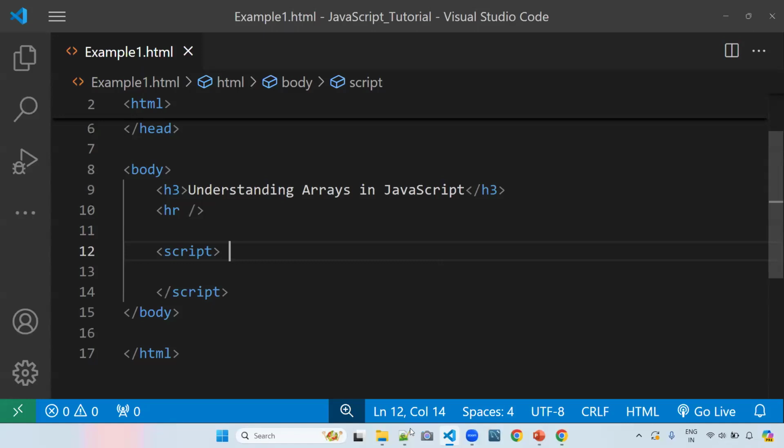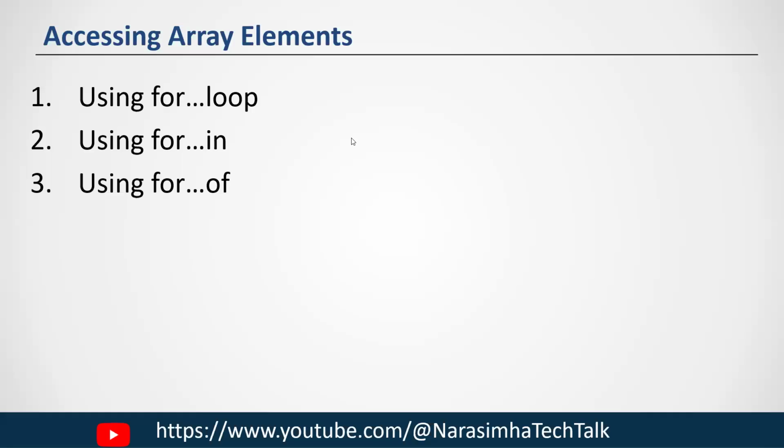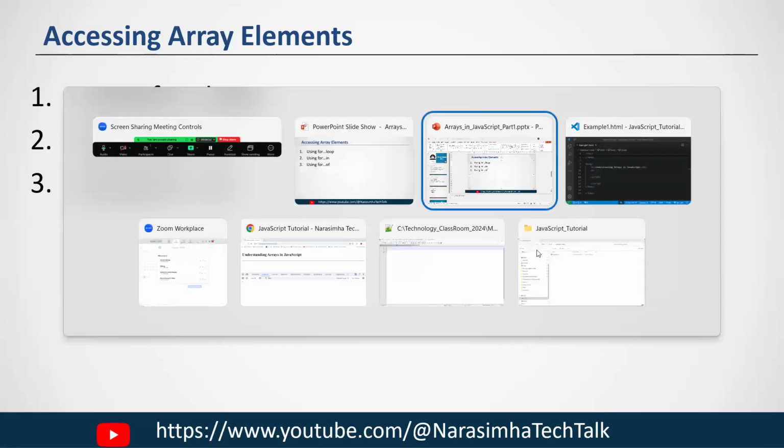Now we'll implement these array concepts one by one, especially how to handle these arrays using 3 different techniques: the first one is the normal for loop, the second is for in, and the third is for of. Let us explore how to implement them.